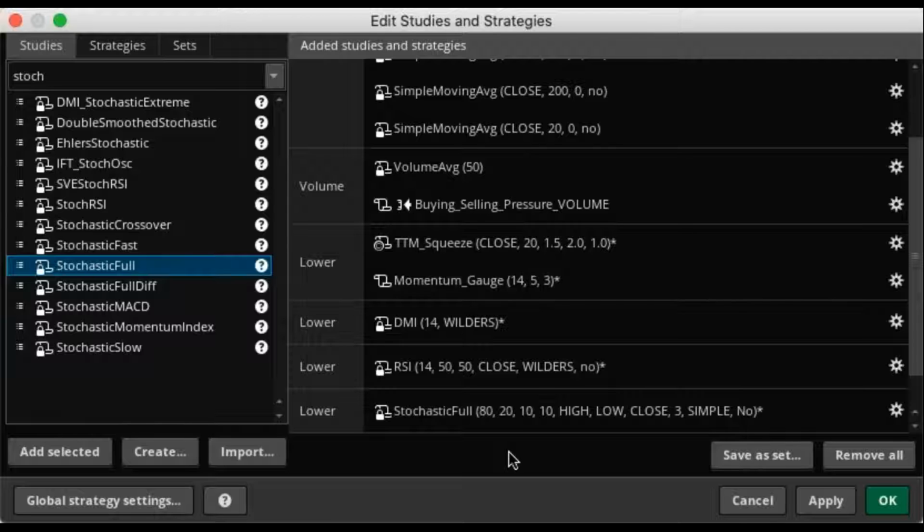Then it looks like our momentum gauge goes in with the TTM Squeeze. I'd like to put it there.